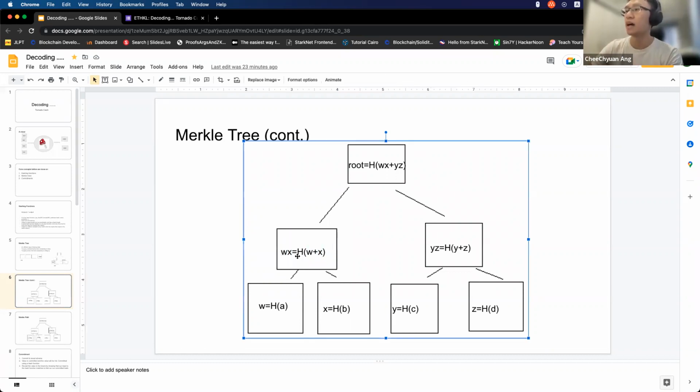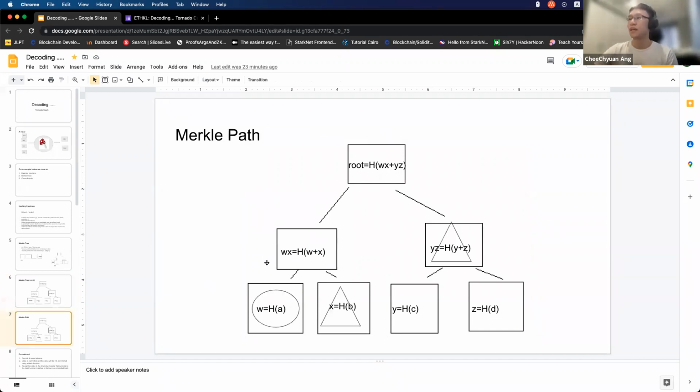This will be the hash for this branch node. The same goes for the other side of the tree. And finally, I will combine the 2 branch nodes together and hash them, and this will be the root of the Merkle tree. So why do we want to do that, you may ask?